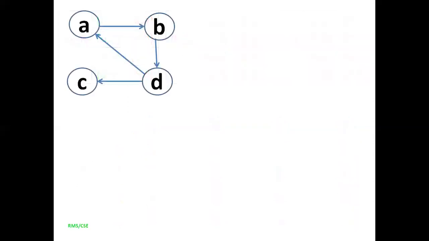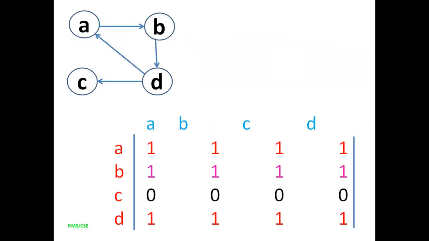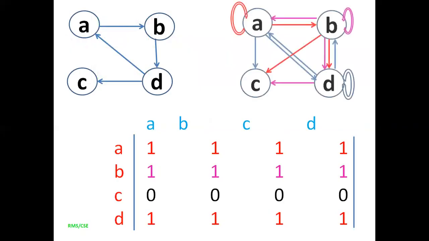So for this graph I got the transitive closure matrix like this. This is my transitive closure graph. This is how we have applied Warshall's algorithm using dynamic programming to get the transitive closure for a given directed unweighted graph. And this concept can be used to solve many real-time problems in our day-to-day life.